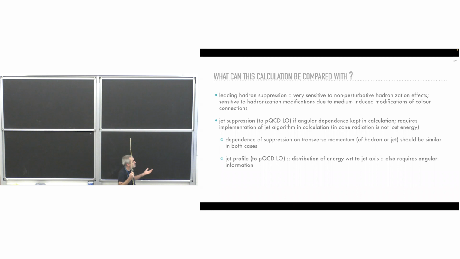So probably I can compare this with leading hadron suppression, assuming, and that's not a bad assumption at all, that the leading hadron always emerges from the leading parton in some branching sequence. It's not an equivalence, but it's a very fair starting point.